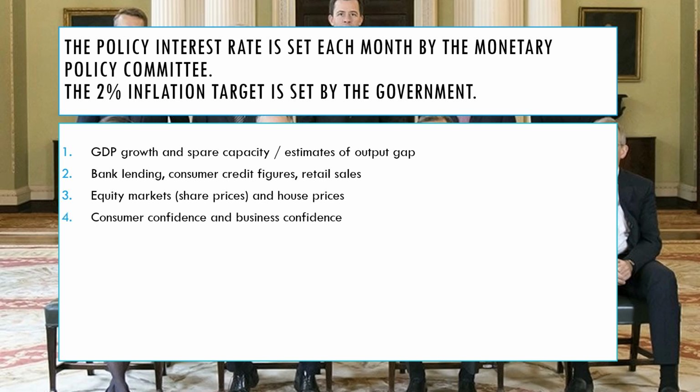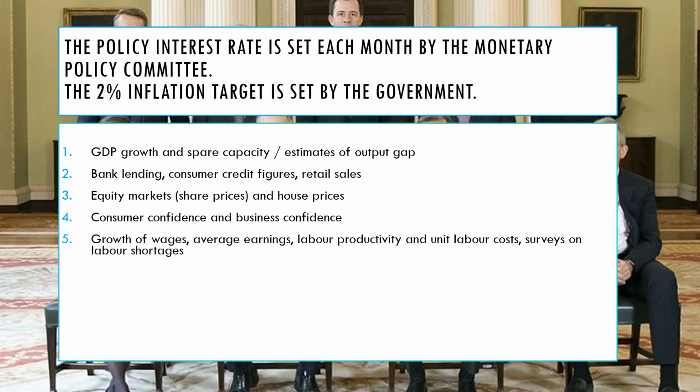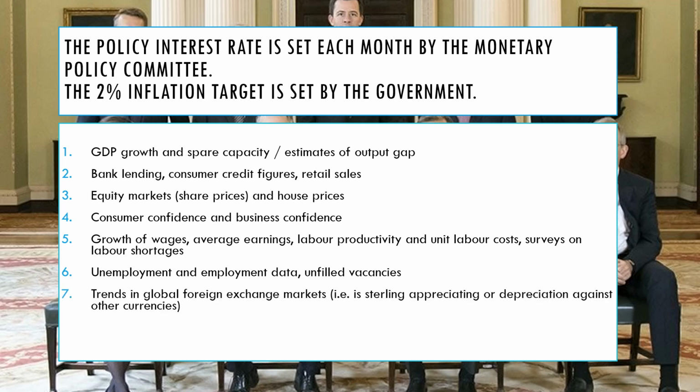They will look at surveys of consumer confidence and business confidence. They will look at the growth in wages, average earnings, productivity, unit labour costs, and surveys on labour shortages and unemployment. They will look at unemployment data and the level of unfilled vacancies.